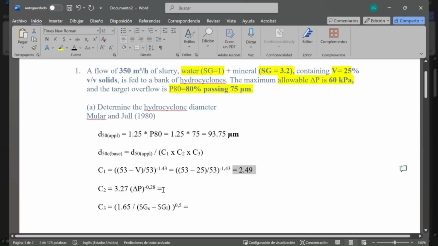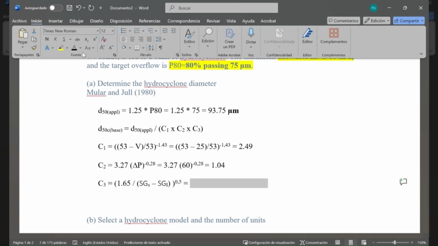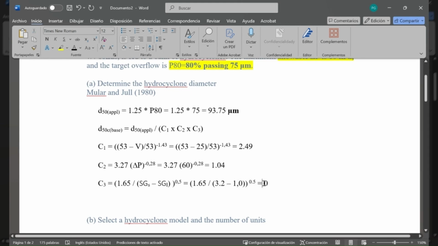As for C2, we replace the pressure drop data, and it's going to give us a value of 1.04.